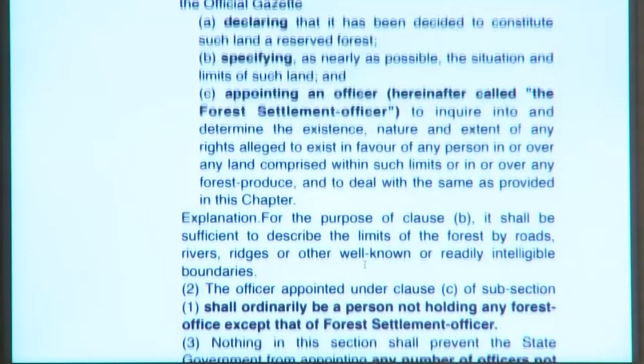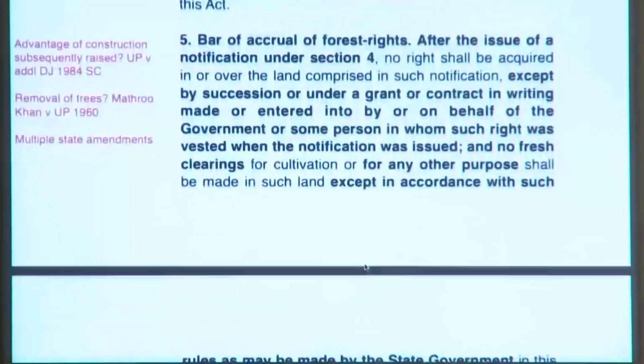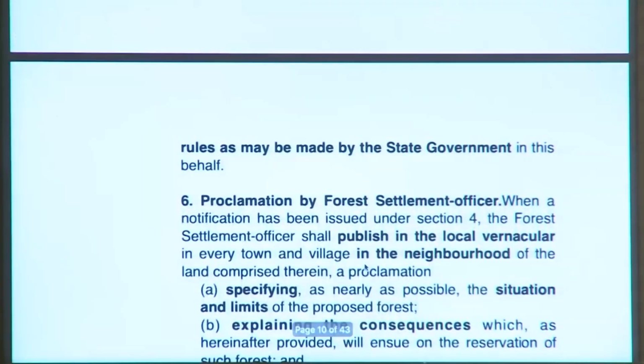You specify the limits of this land, you appoint a forest settlement officer, then there is a bar on accrual of forest rights. So, once you have issued a notification under section 4, no right shall be acquired in or over the land comprised in such notification, except by succession or under a grant or contract in writing made or entered into by or on behalf of the government, and so on.